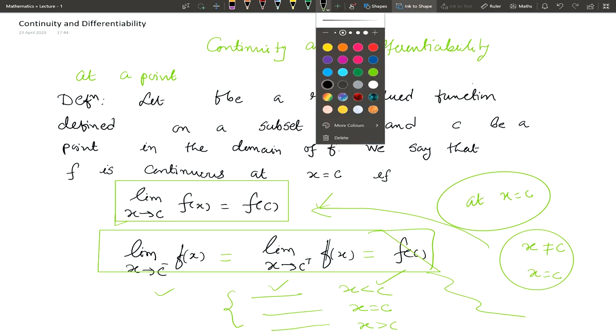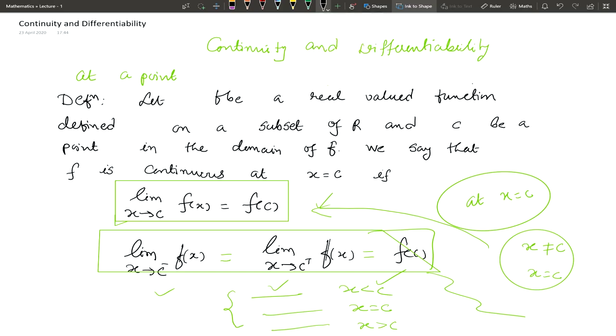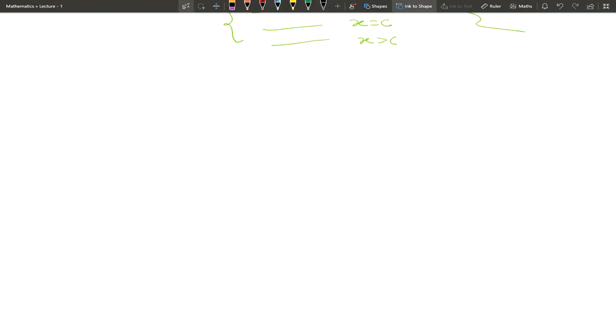Next, we define continuity of the function on open interval. Before it we take one example.